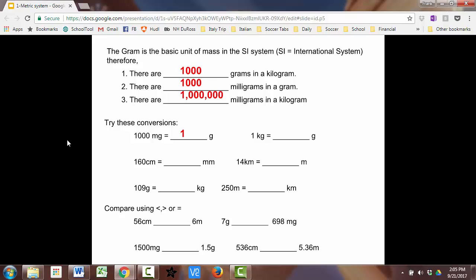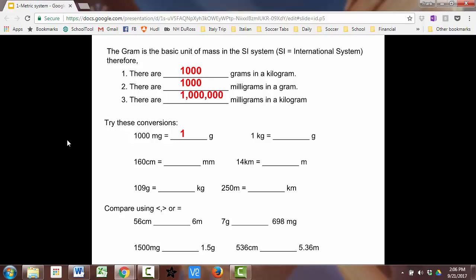1. That's easy. How about 1 kilogram to grams? Base unit to kilo. Which direction? How many places? Derek? 3 times to the right. No, base unit to kilo, to the left. 3 times to the left. Where's the decimal? Make one after the 1. There's nowhere to go, so fill it with zeros. 1, 2, 3.